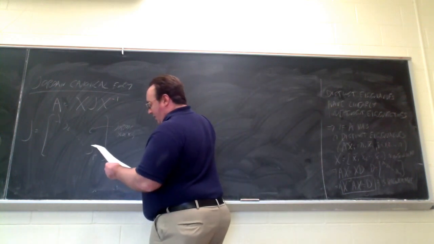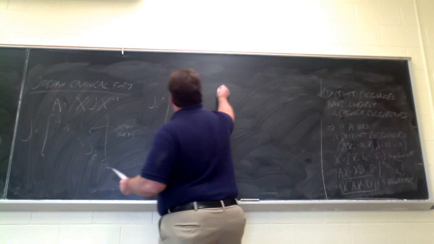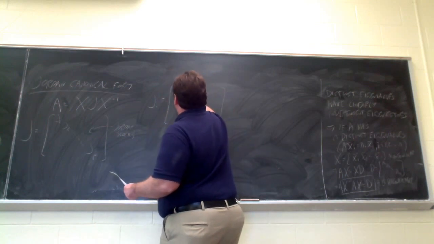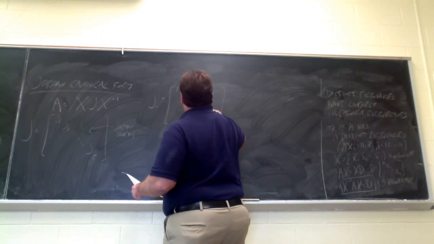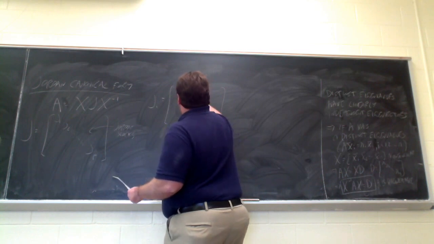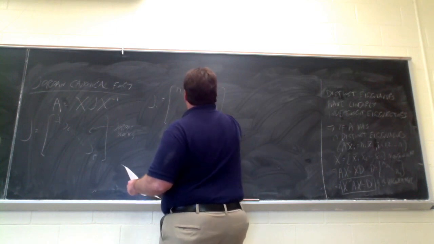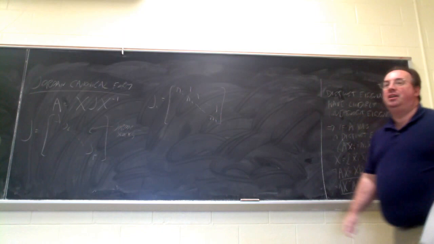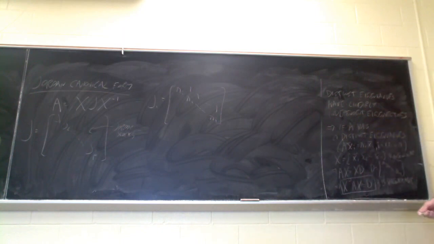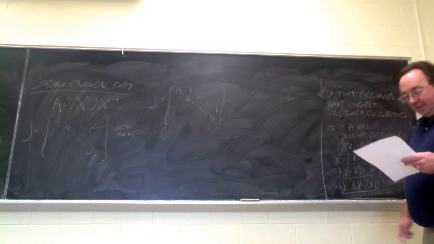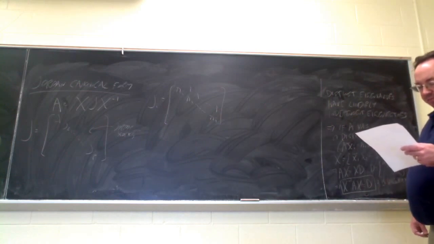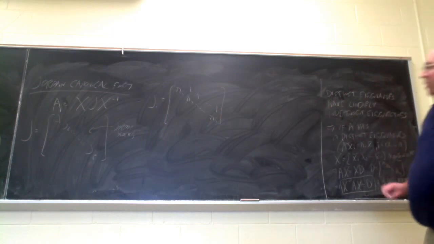Each Jordan block has some eigenvalue of A all along the diagonal and ones directly above on the superdiagonal, unless it's a 1 by 1 block, in which case it's just lambda_i by itself. Okay. Now, what do these blocks mean?